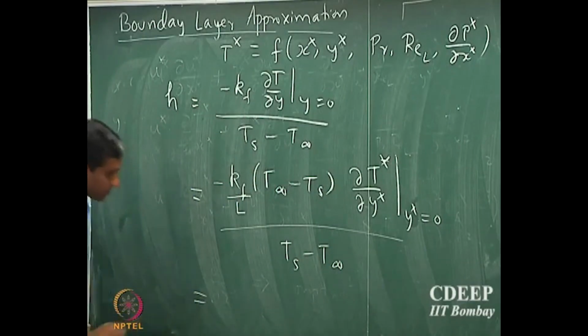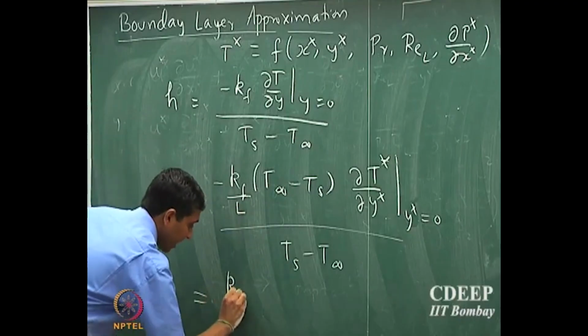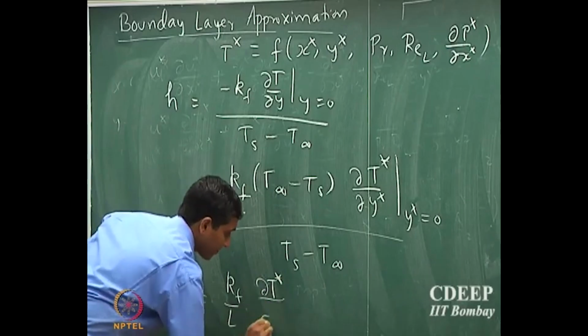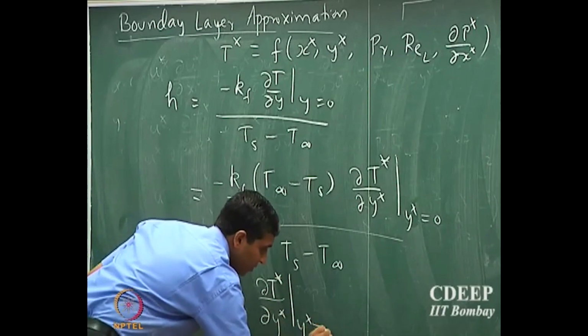What is that? So this cancels out with the minus sign, and that will be kf by L into dT star by dy star at y star equal to 0.